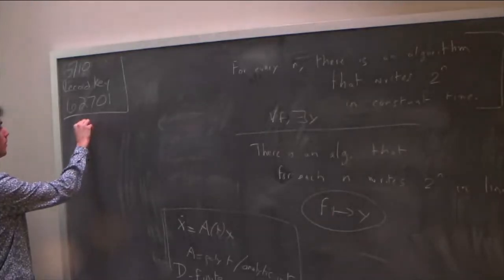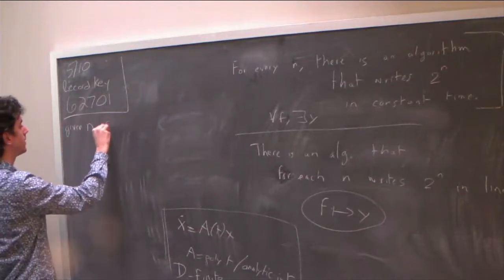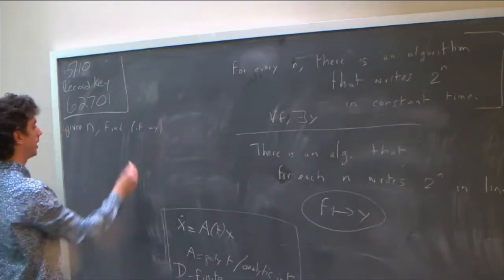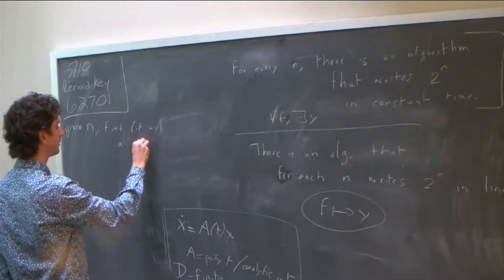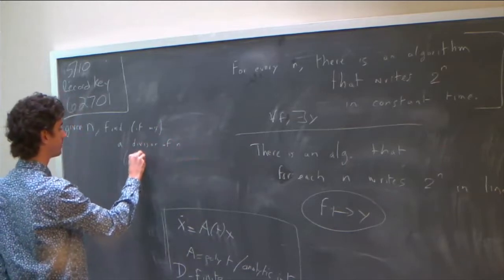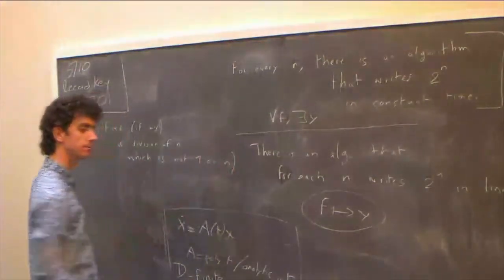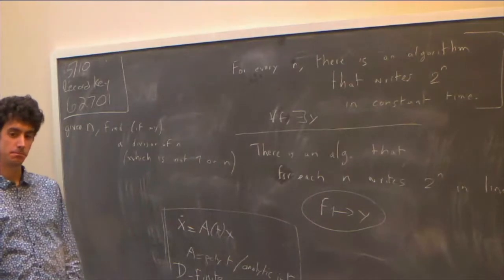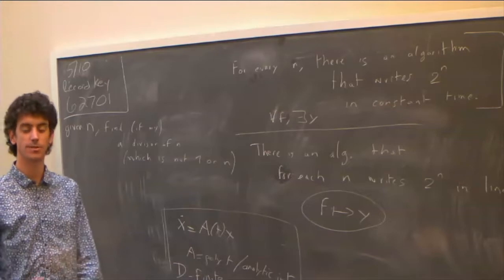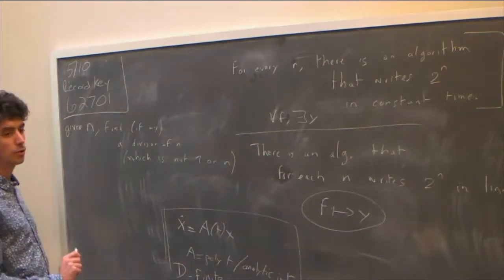So I look at the following problem: given n, find, if any, a divisor of n which is not 1 or n. So you want to find a divisor of n if it exists, and if it doesn't exist, you want to say no, there's no other divisor. So what could you do?